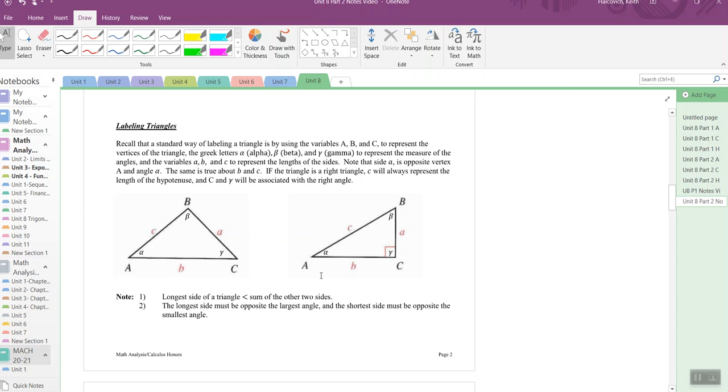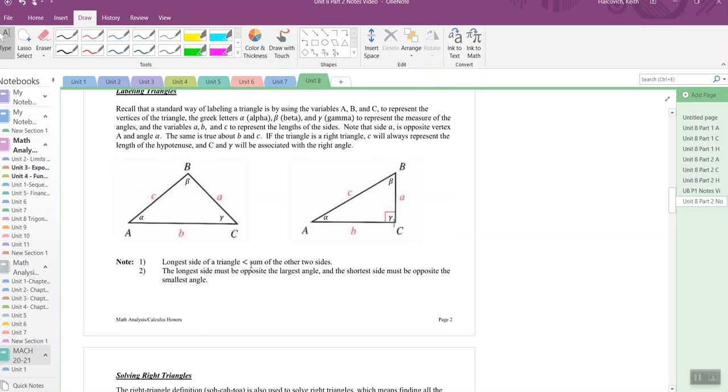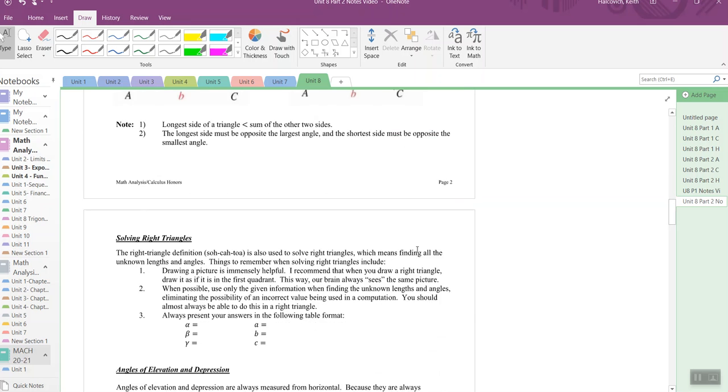So side A is opposite vertex A, side B is opposite vertex B, and the hypotenuse is C. And then also the angles: alpha will go with vertex A, beta will go with vertex B, and gamma with vertex C. Some things to keep in mind: the longest side of a triangle has to be less than the sum of the other two sides, and the longest side is opposite the largest angle, and the shortest side must be opposite the smallest angle.